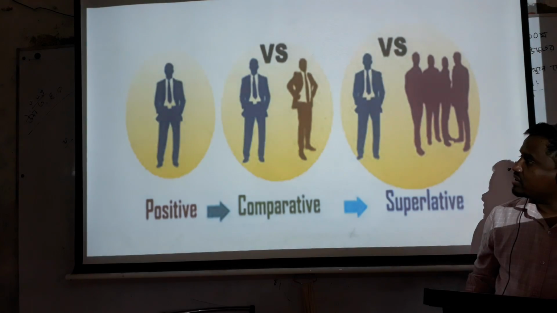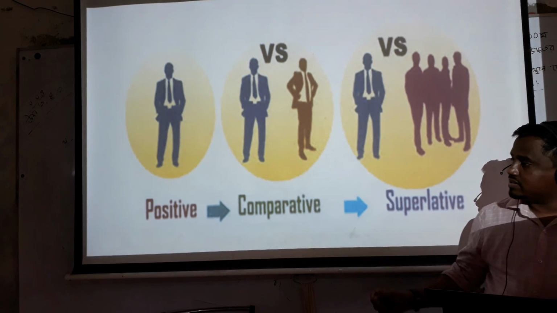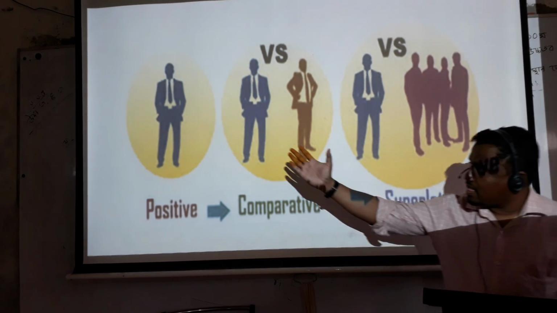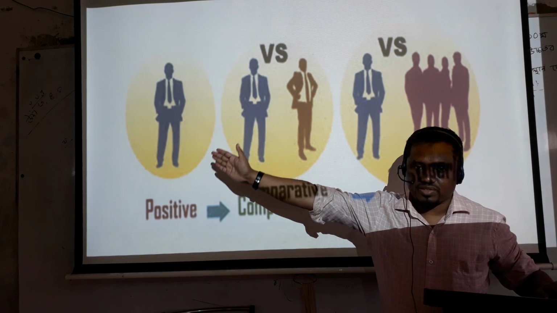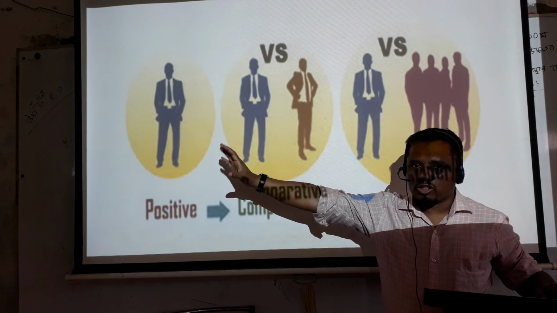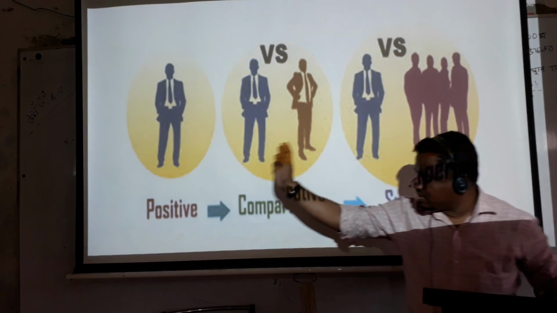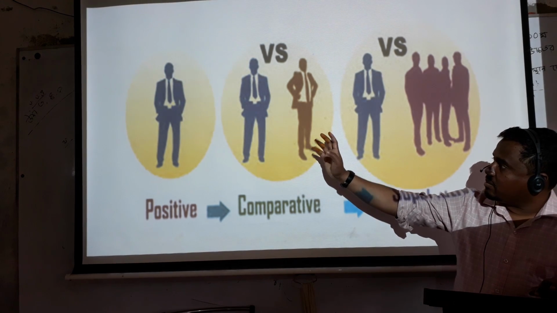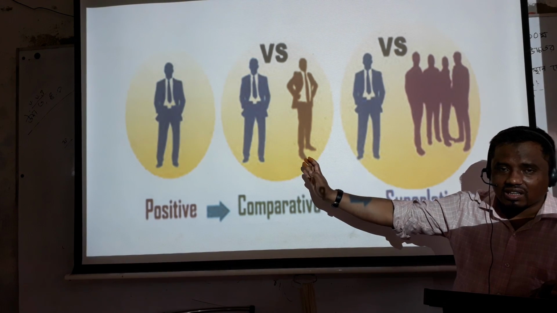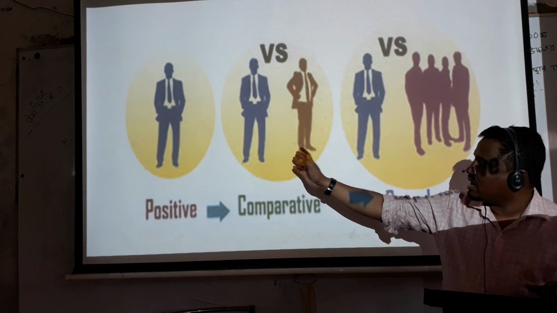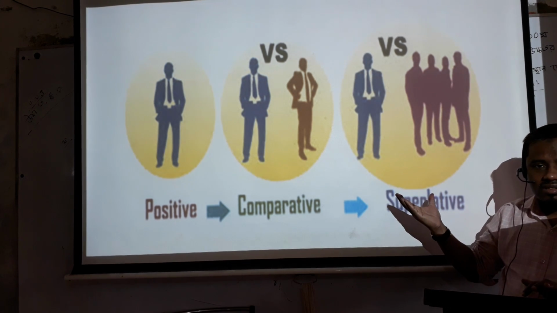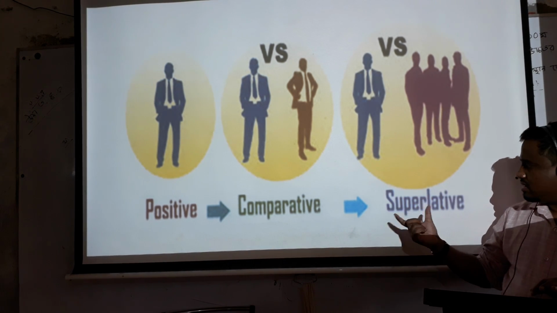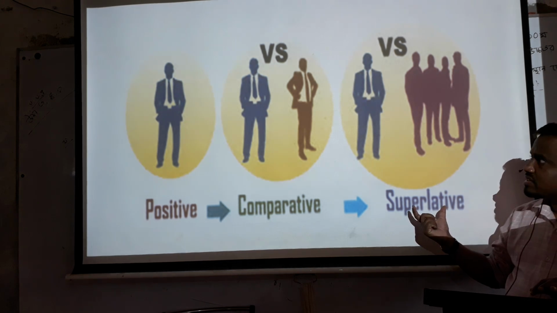Let's see another picture. Look at this. This man is alone here. This is positive. We are not going to compare him with others. But from these pictures, you can understand the comparative degrees. And this is another picture from which you can understand the superlative degrees.